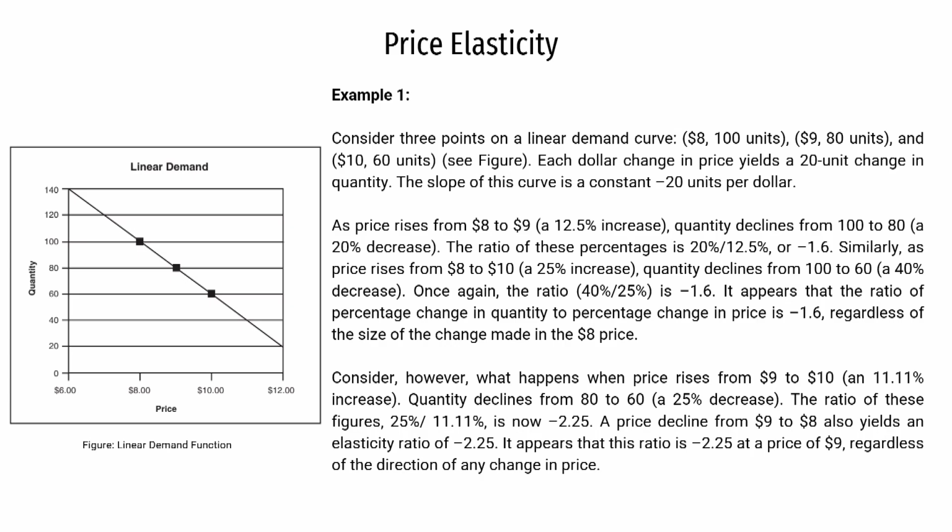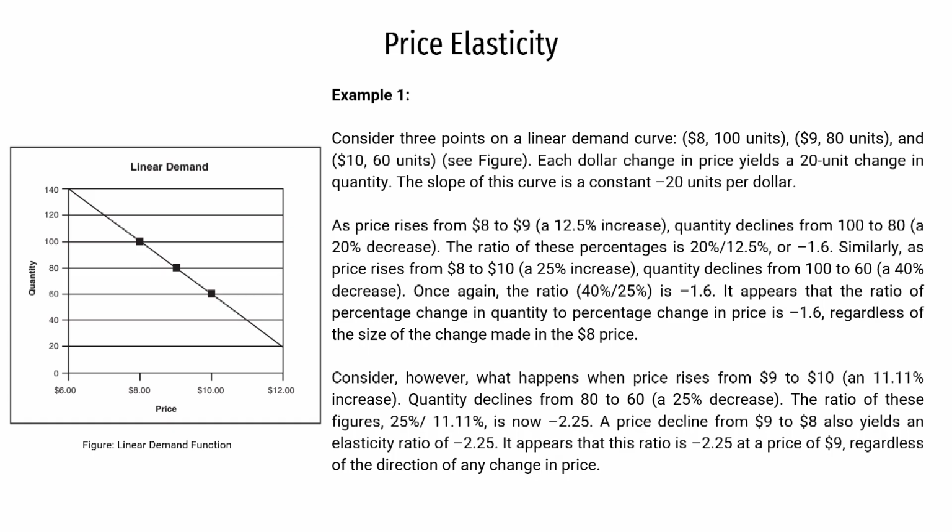And that is why, what would be my elasticity value? It is 25% divided by 11.11%. So the value of price elasticity in this context, when we look at a transition from $9 to $10, is minus 2.25, which is totally different from the price elasticity that we have calculated earlier, which was minus 1.6. A price decline from 9 to 8 also yields an elasticity of minus 2.25.